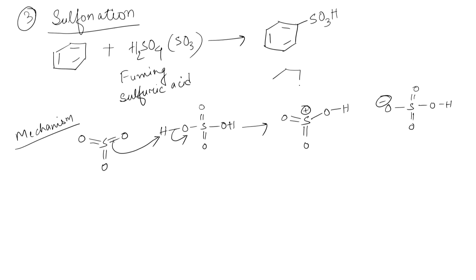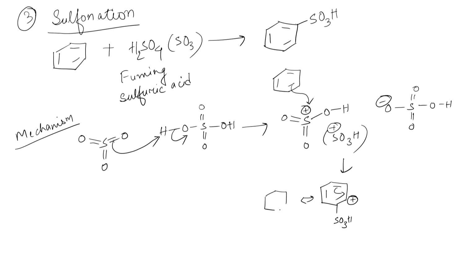Now, we have benzene. The pi bond of benzene will break and attack this electrophile. This is the electrophile here, SO3H plus. So, we get SO3H and this carbocation. Now, this carbocation can undergo resonance.